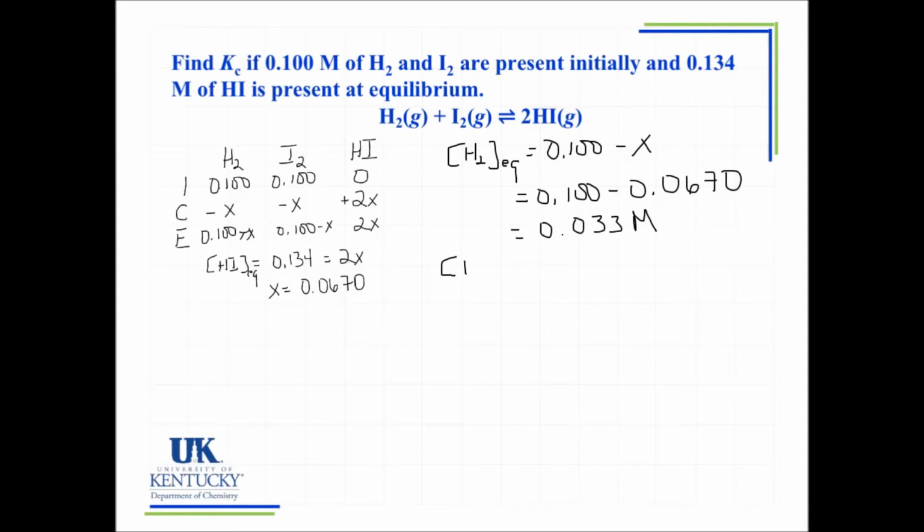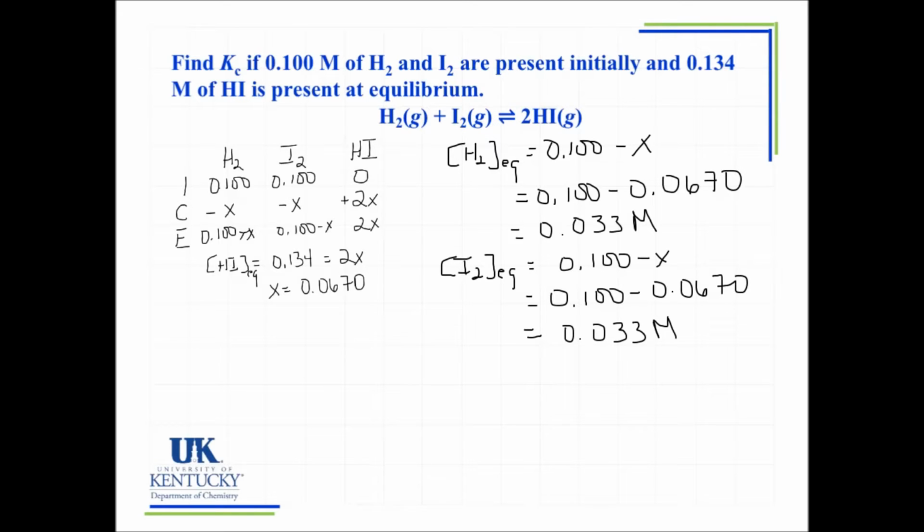I can do the same thing for I2, and I'm actually going to get the same value because I have the same initial concentration, and they're both losing x, so that value is going to be the same as well. And I get my equilibrium concentration of I2 is equal to 0.033 molar.